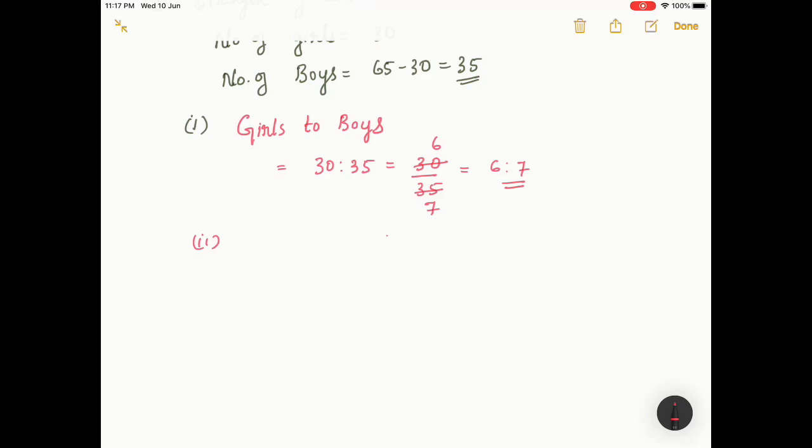Boys to the whole class. Number of boys is equal to 35. The whole class is 65. So 35 by 65. Again 5 sevens are 35. 65, 5 goes 13 times. So you get 7 is to 13.